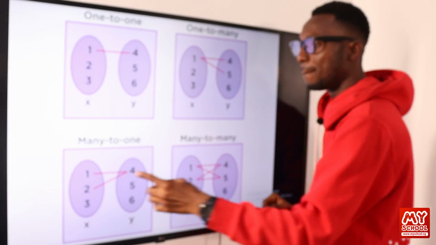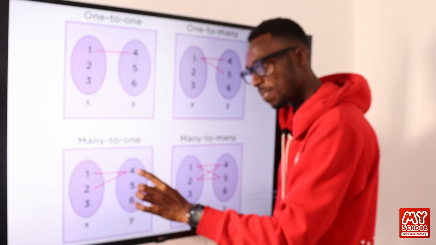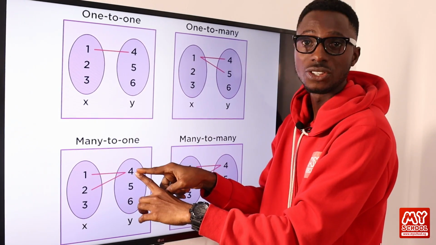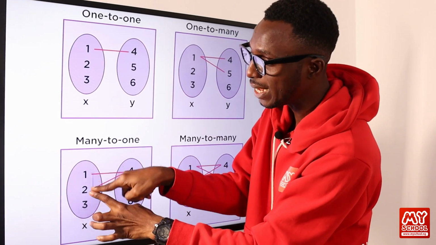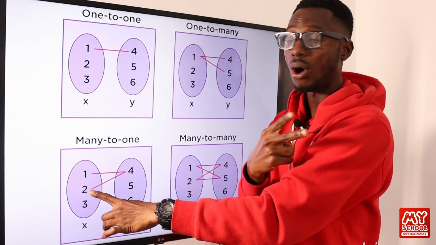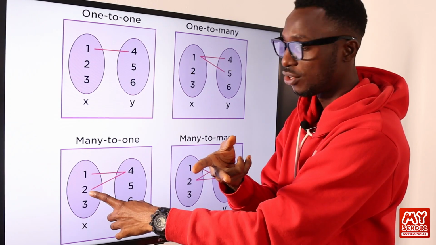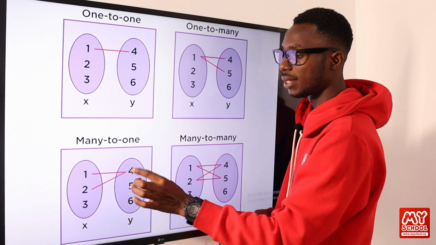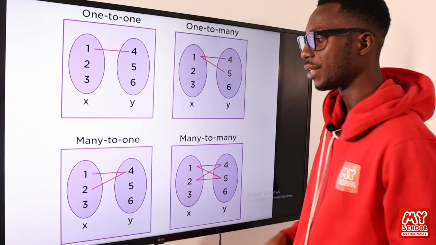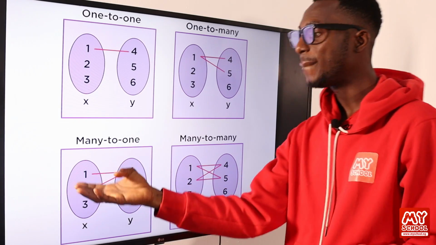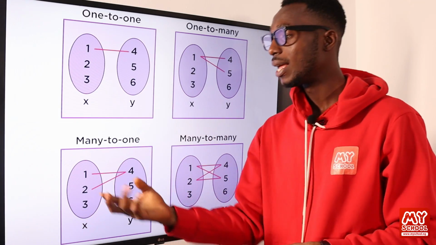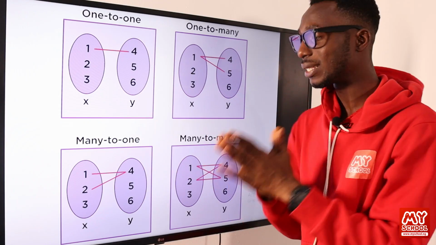Look at this, many-to-one. You can see that a particular image is a product of at least 2 elements, or 2 inputs. You can see this and this actually produce this. So this is many-to-one. Many, or more than one, element is producing the same image.